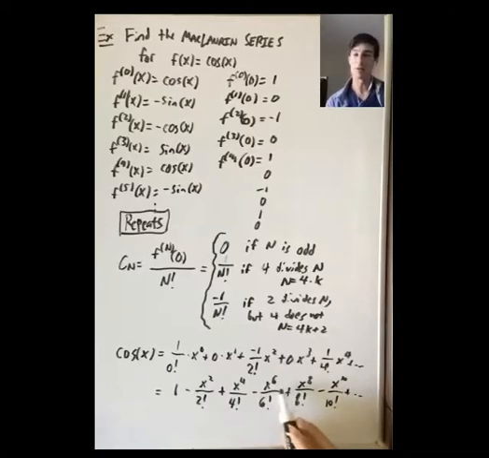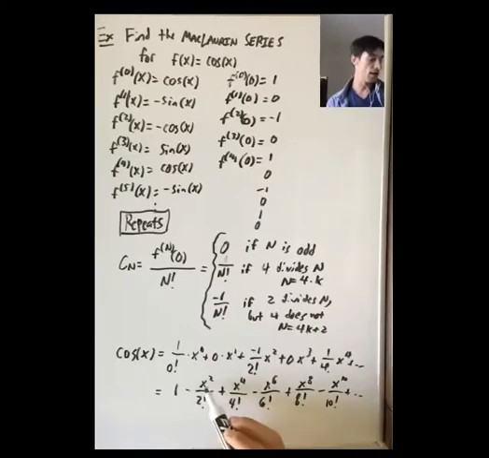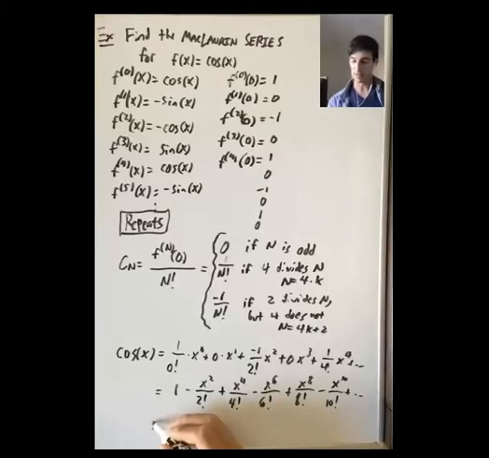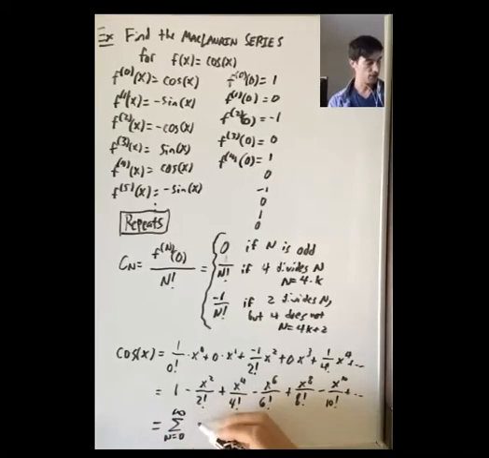So the only powers we see of x are the even powers, and they alternate between plus, minus, plus, minus, plus, minus, and anytime you see an even power, you have n factorial in the denominator. So there's a nice way to write this. This is a sum from n equals 0 to infinity of -1 to the n times x to the 2n over 2n factorial.